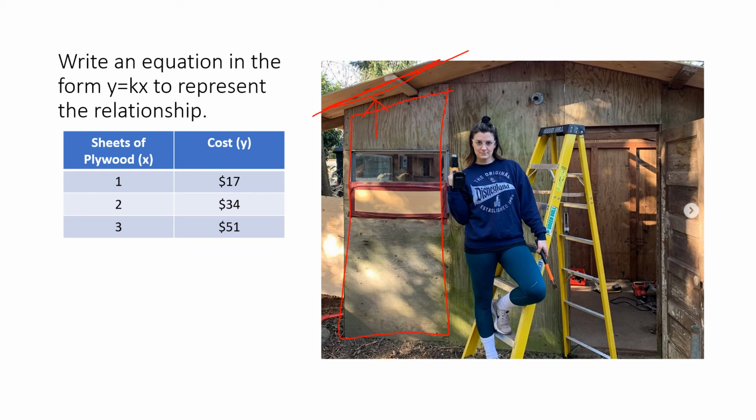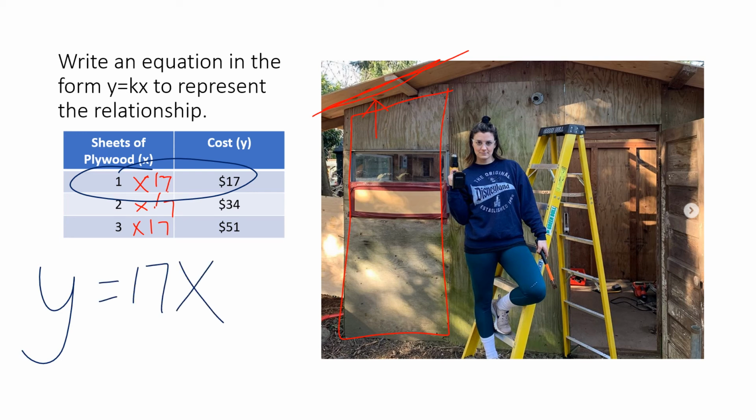So that means that K, our constant of proportionality, is 17, because if I multiply the sheets of plywood by 17, I'm going to get the cost. And at the same time, like I was saying on the last screen, you can also look at the unit rate, 17. So the way we'd write the equation is y equals 17x. The cost is equal to 17 times the sheets of plywood that we're buying.